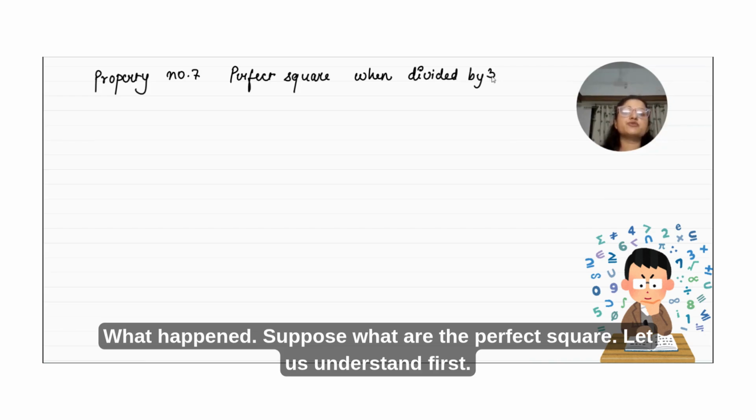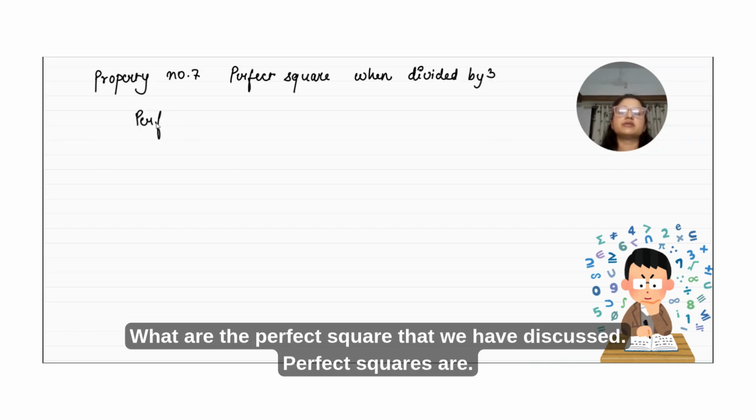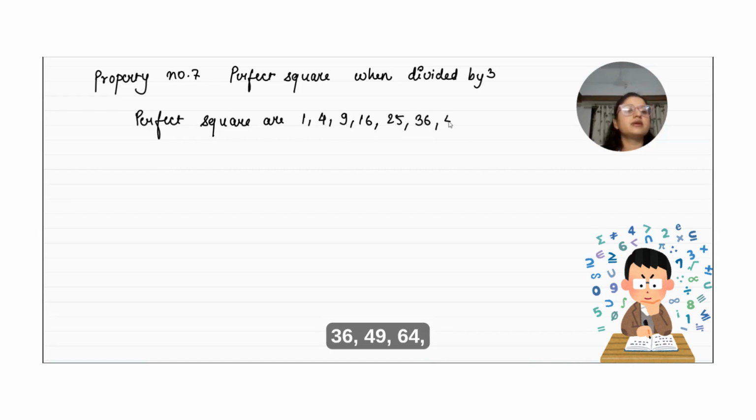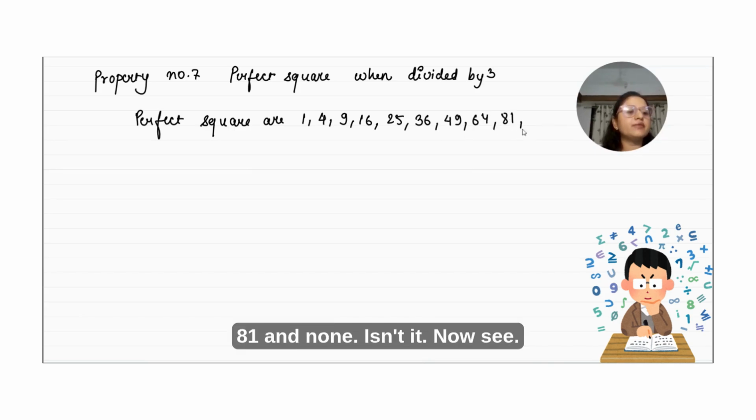Let us understand first: what are the perfect squares that we have discussed? Perfect squares are 1, 4, 9, 16, 25, 36, 49, 64, 81 and 100.